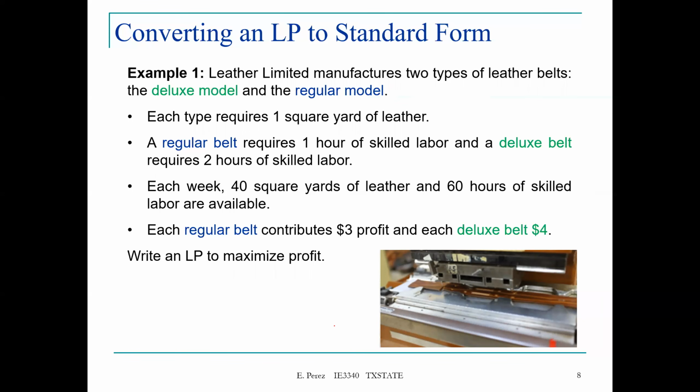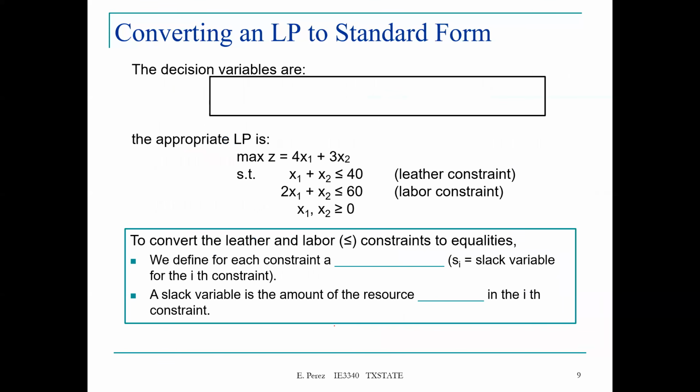We're going to write an LP, or linear programming, to maximize our profit. So the decision variables are 2. X1 equals the number of deluxe belts to be produced weekly, and X2 is equal to the number of regular belts produced weekly.